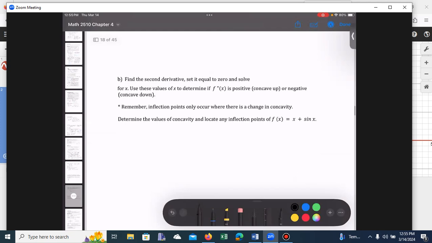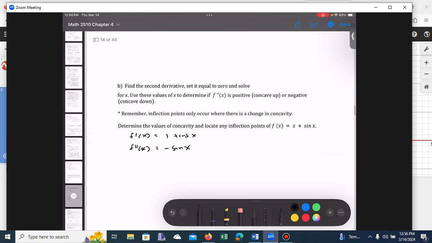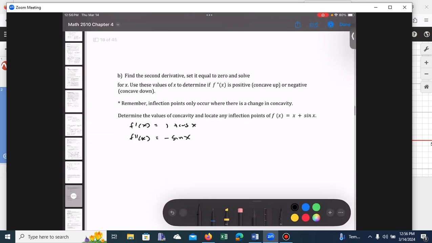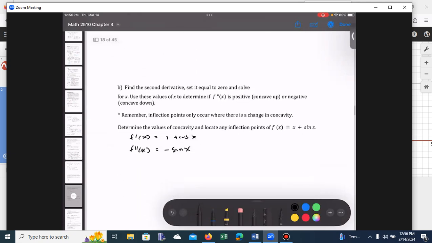Now we're going to take the second derivative. I'm going to write this. First derivative is 1 plus cosine x. Second derivative is going to be negative sine x. Right.